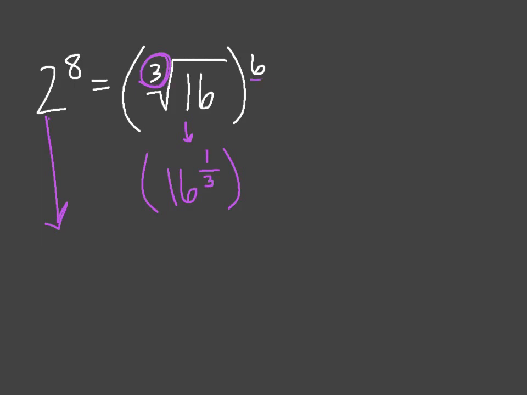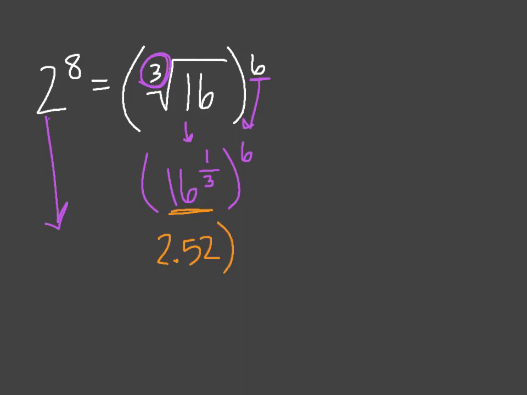This original 6 that was on the outside, I'm going to bring it down and keep it outside of the parentheses. Now, to get my decimal approximation, I can go ahead and type this in my calculator. I am first going to type in 16 to the 1/3 power, and that gives me 2.52.